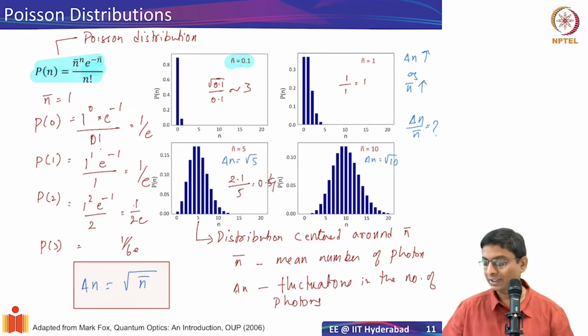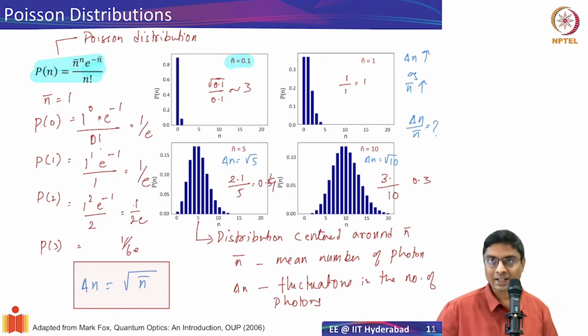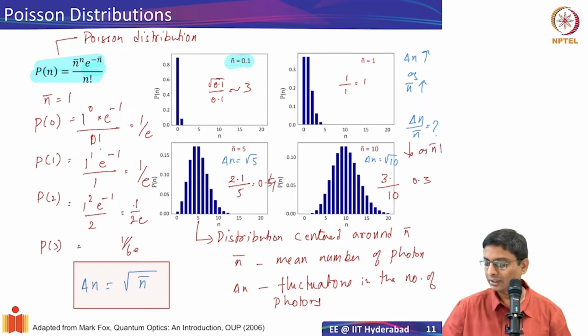And if you go to an average number of 10, it will drop even more. 3 point something divided by 10, so about 0.3. So what you are seeing is the relative fluctuation delta n by n bar reduces as n bar increases.